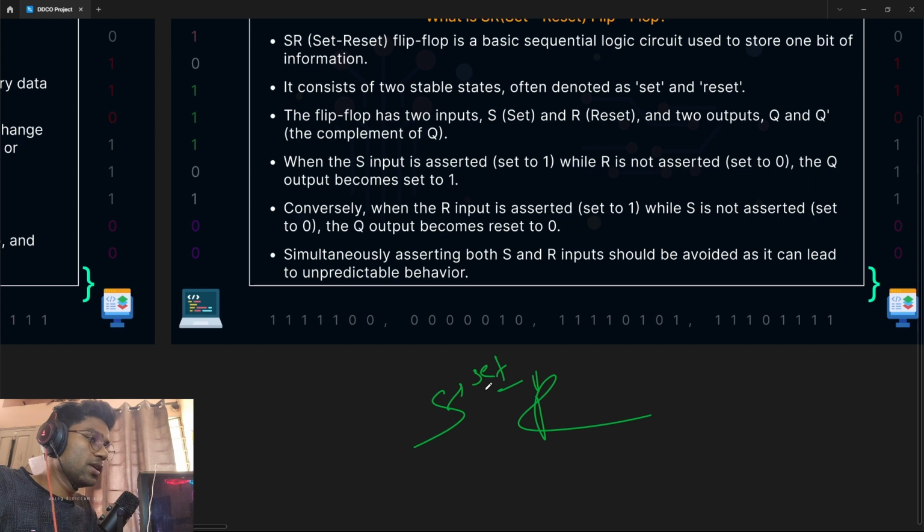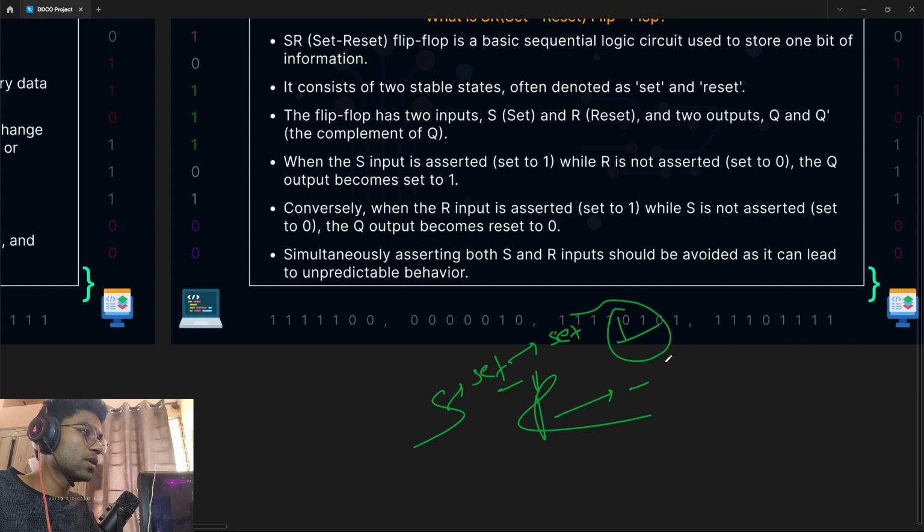Whenever we say in digital design or electronics that a circuit is set, it means the circuit is giving output as 1, irrespective of its combination or anything. The complete circuit is giving output 1. And when we say a circuit is in reset mode, it means it is giving output as 0, irrespective of the circuit design or its internal combination. When it is in reset mode, the complete circuit is giving output as 0.